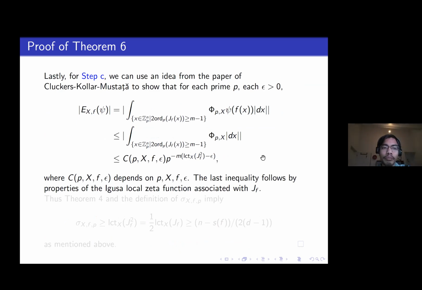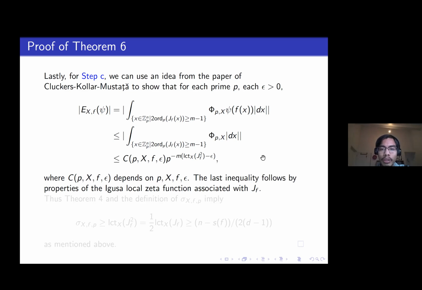Lastly, for step C, we can use an idea from the paper of Cluckers and Mustata to show that for x prime p and x epsilon p-adic 0, the exponential sum equals the exponential sum over the set of x in Z_p^n such that the order of Jf(x) is m minus 1.